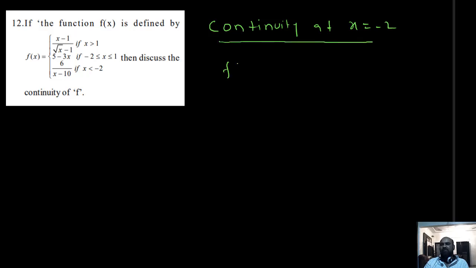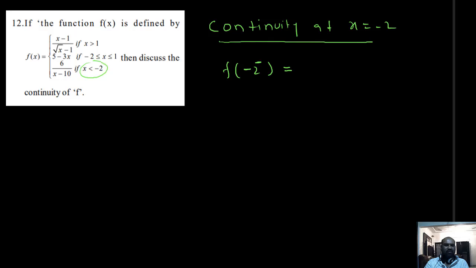Yeah, students, listen. Continuity at x equal to minus 2, that is the first one. First of all, I want to find f of minus 2 minus. Where is the rule?